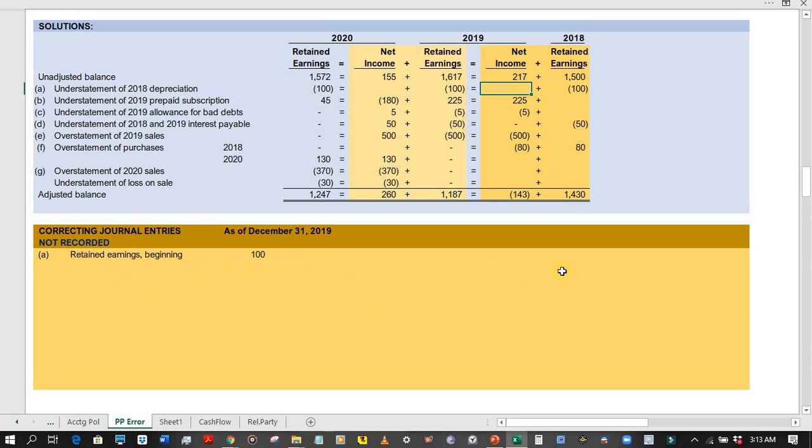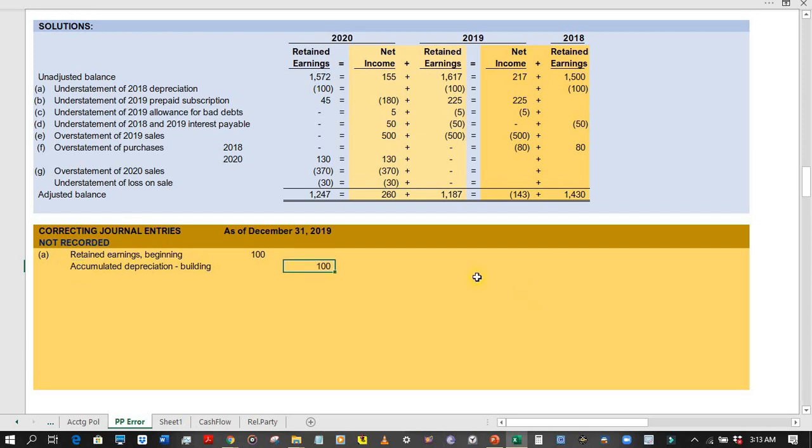Of course, the account to be credited should be related to depreciation, and that is accumulated depreciation. So our next account to be credited is accumulated depreciation for building 100 pesos.